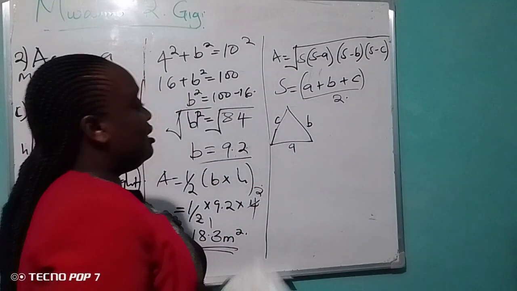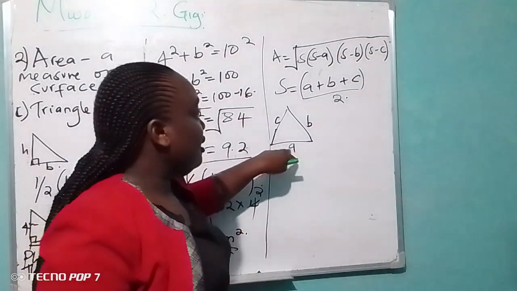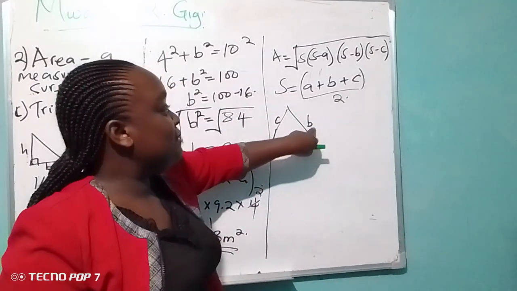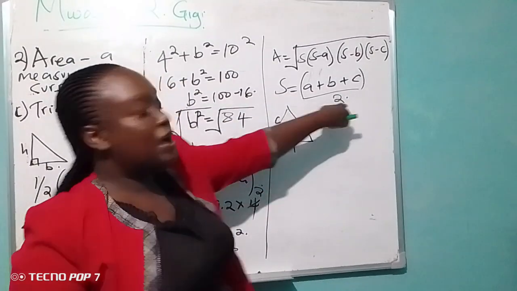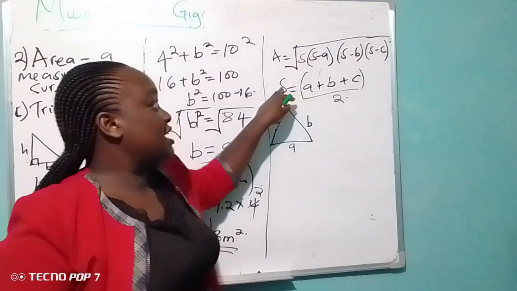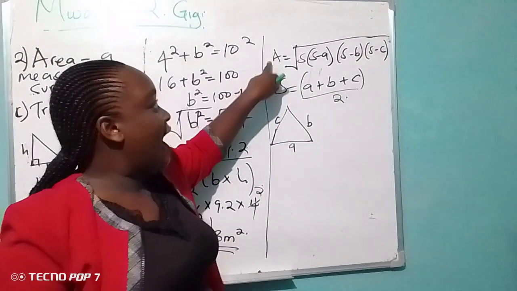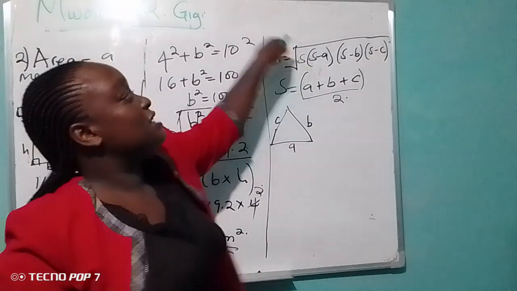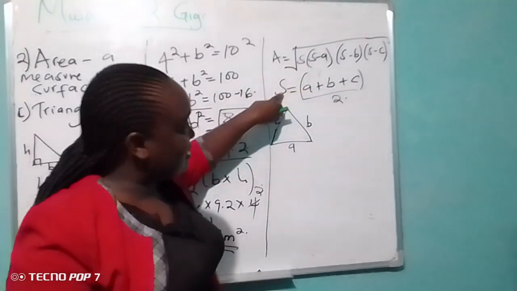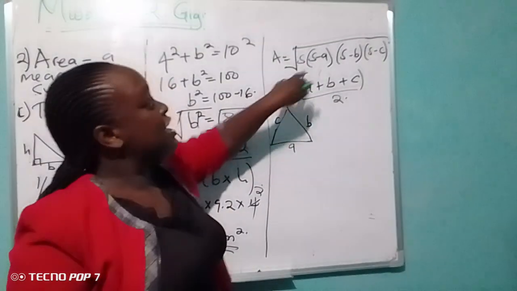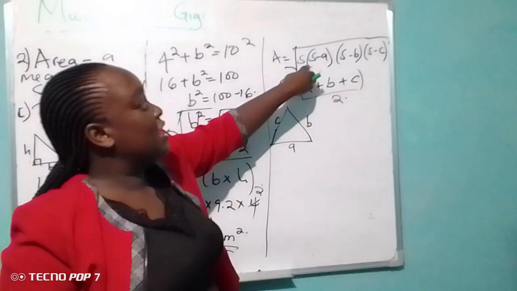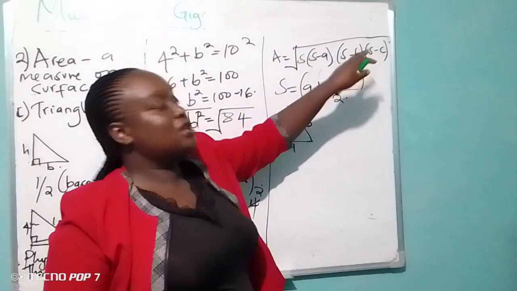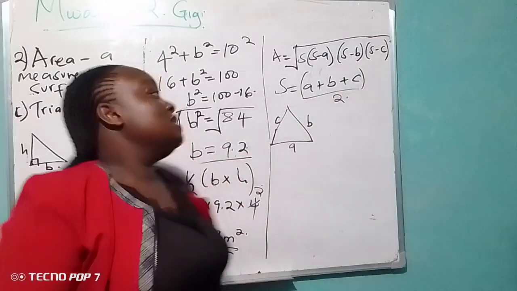A, B, C. So to find the S, it is A plus B plus C divided by 2. You find the S. So the formula of finding the area is the square root of S into brackets S minus A into brackets S minus B into brackets S minus C.